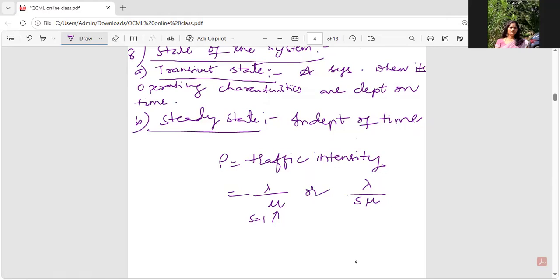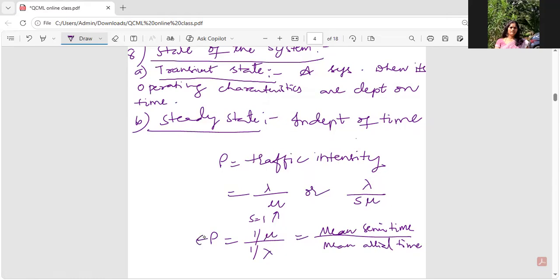So, if server is 1, then it's lambda by mu. If servers are more, lambda by S into mu. This can also be written as rho is equal to 1 by mu divided by 1 by lambda. That's nothing but mean service time by mean arrival time. Again it gives the same thing.